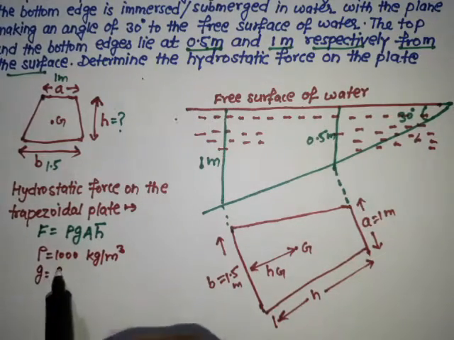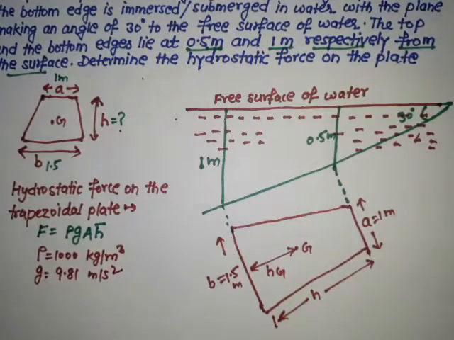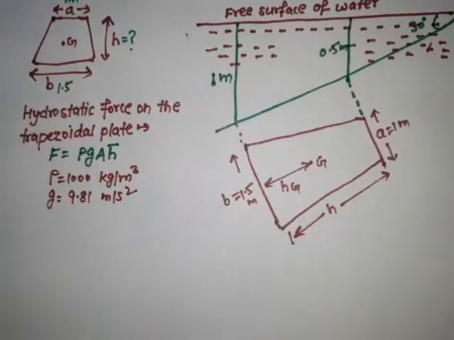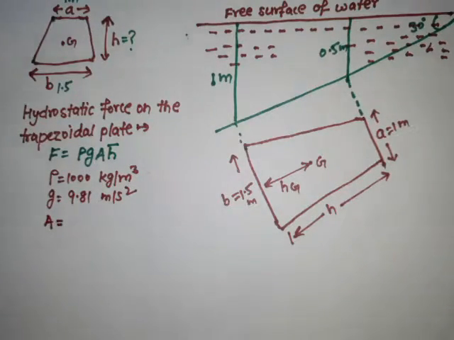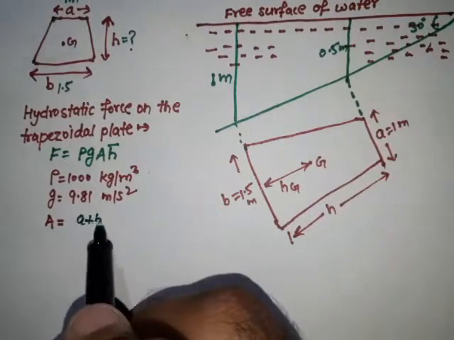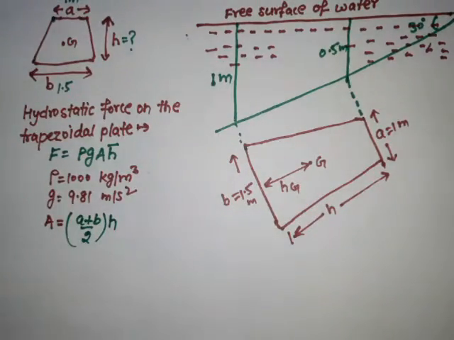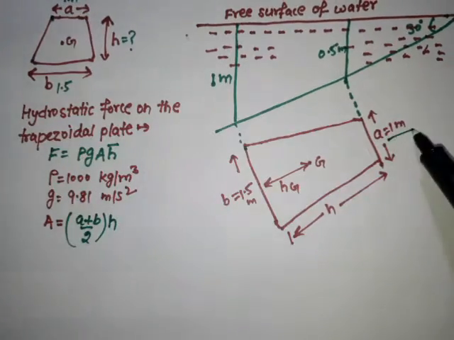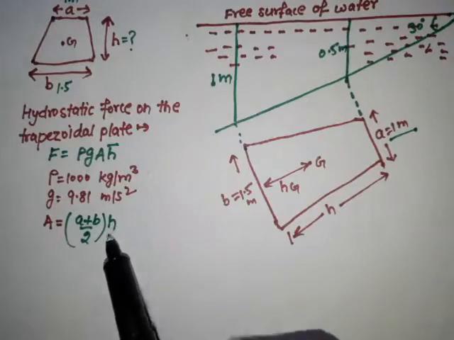g is 9.81 meter per second square, and the next parameter we need is A, this is area, the area of this trapezoidal, that is equal to (a plus b) by 2 into h. So the value of a is given, 1 meter, the value of b is given, 1.5 meter, but the value of h is not given.